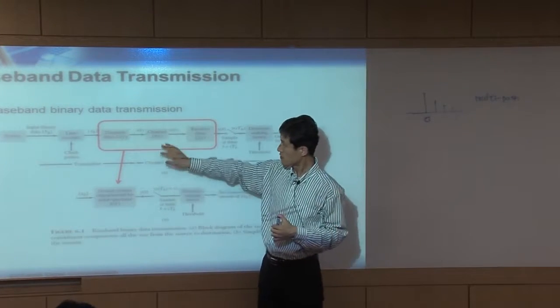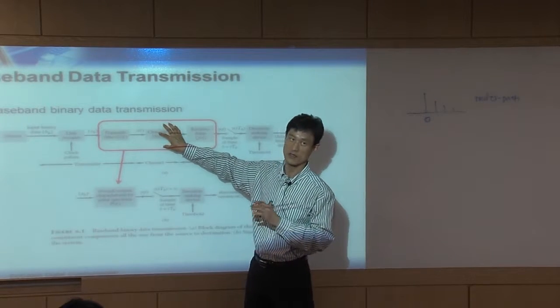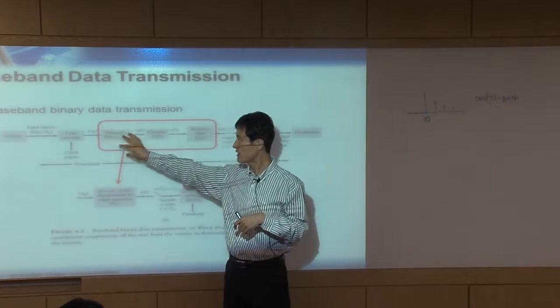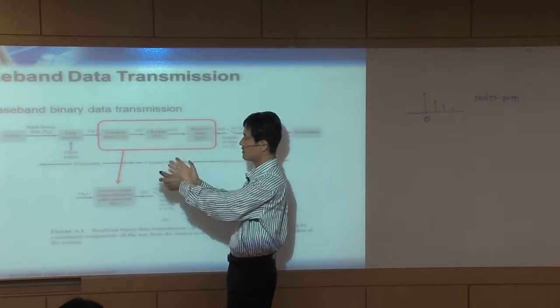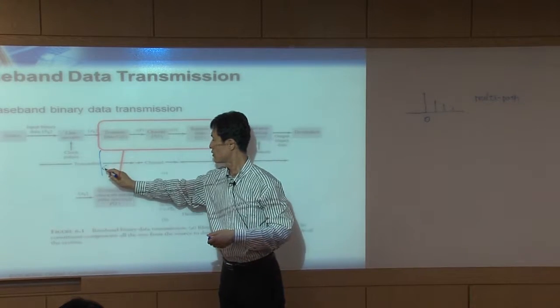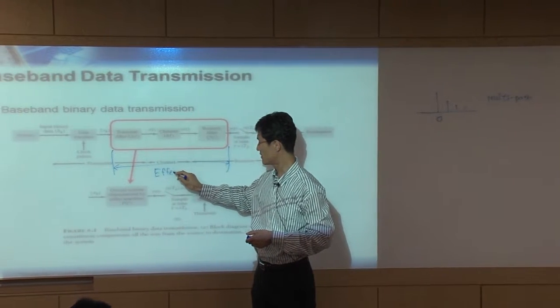Right? So because of this channel, we cannot control anything about the channel. This is given to us. So that's why we are designing transmitter filter and receiver filter and putting that all together so that from here to here, we are going to make an effective channel.